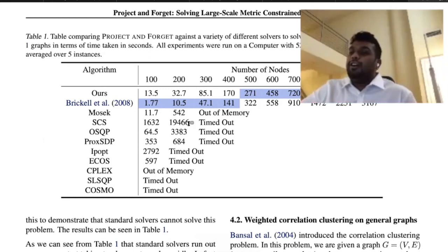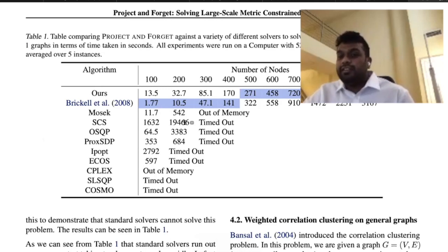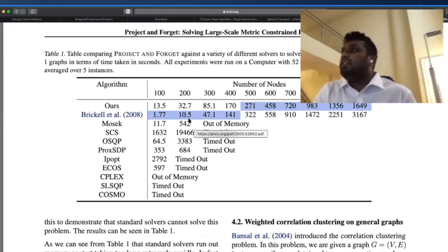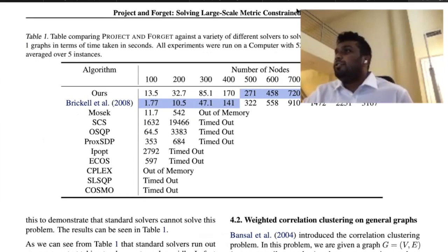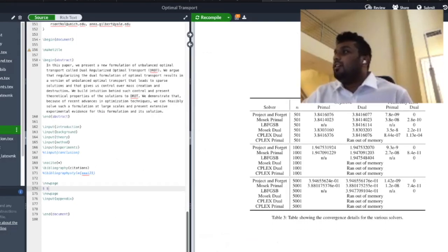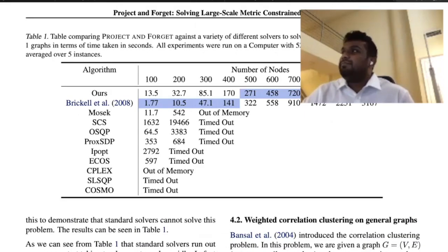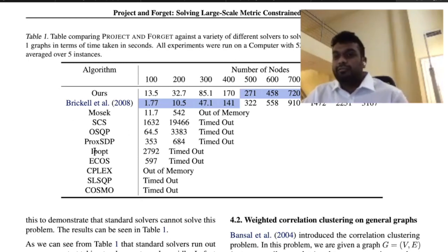Even beyond metric constraint problems, we can also do highly constrained optimization in general. We have a recent paper on optimal transport where you have quadratically many constraints instead of cubically many, and we still outperform the standard solvers like MOSEK and CPLEX.